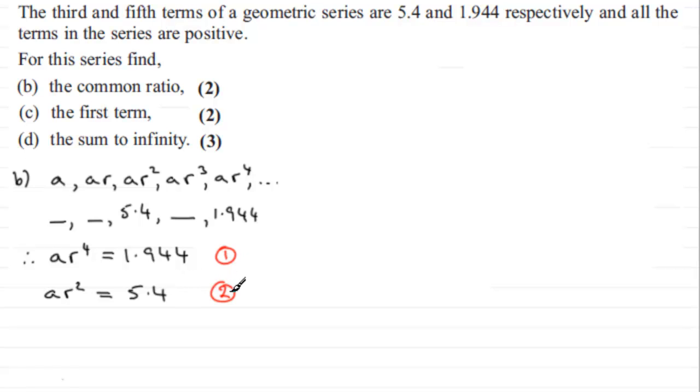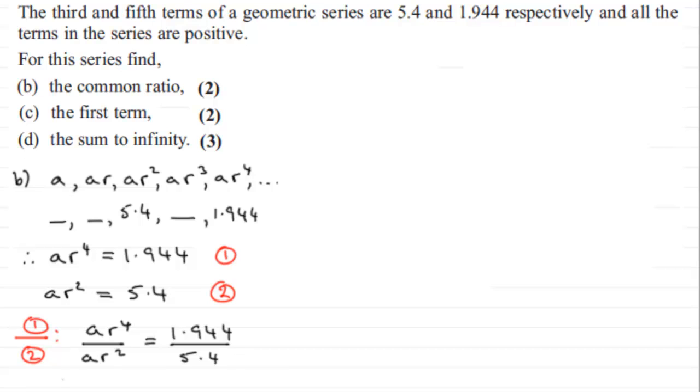And the best way that you can do these is to do division. Do equation 1 divided by equation 2. What's that going to give us? Well, if we just put them down, we've got ar to the power 4 divided by ar squared equals 1.944 divided by 5.4.